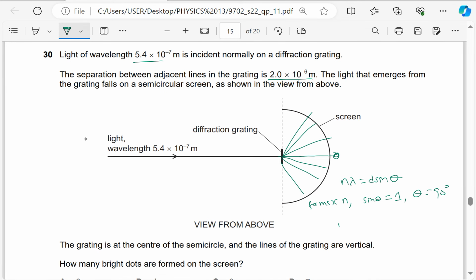So n maximum is d, which is 2 times 10 to the power of minus 6, times sinθ, which is 1, divided by the wavelength, 5.4 times 10 to the power of minus 7.